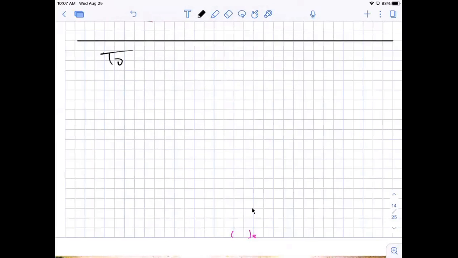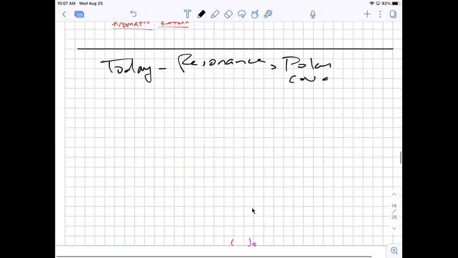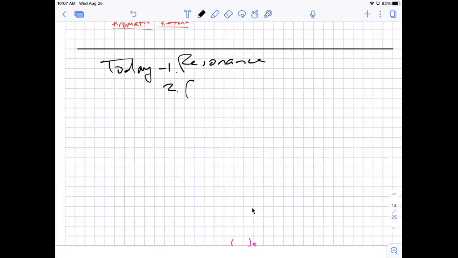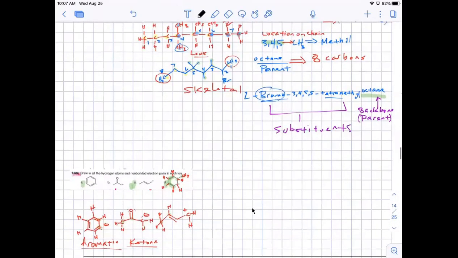All right, so today, we're going to squeeze in some resonance, and then we'll talk about polar covalent bonds.